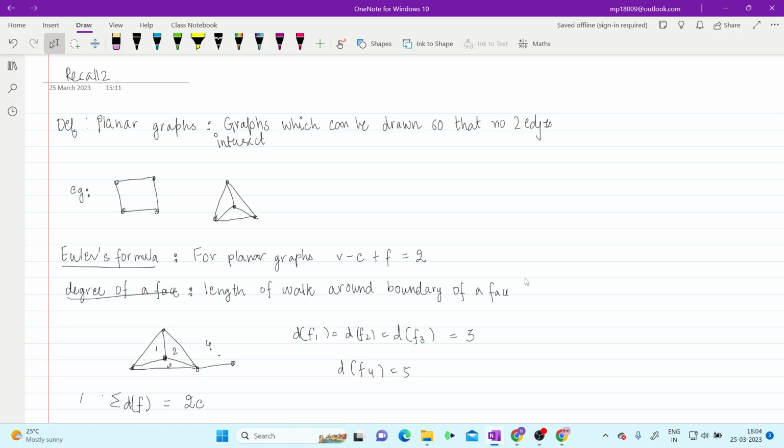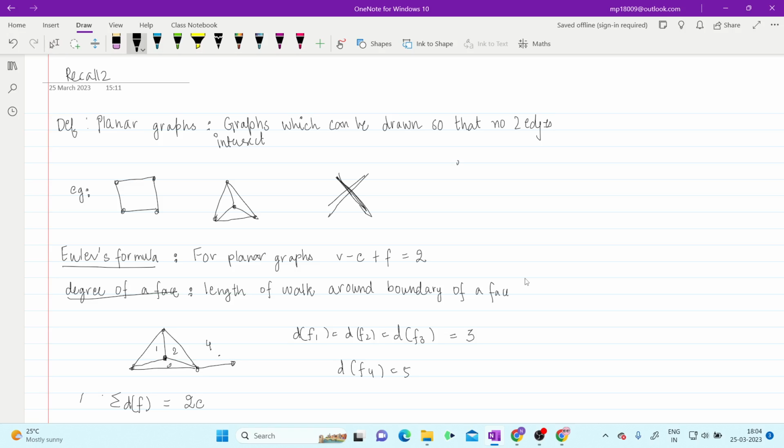If we can draw these graphs in a plane such that no two edges are intersecting, then we say that graph is planar.